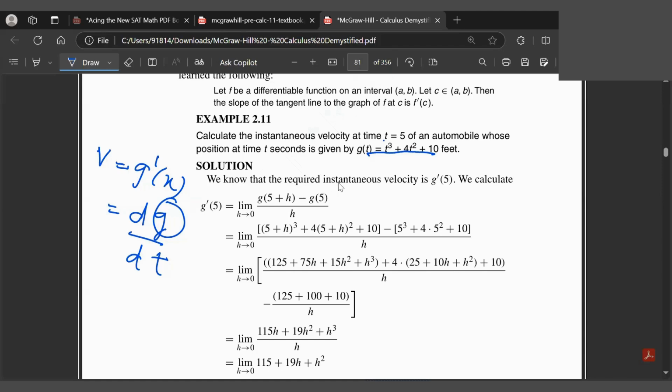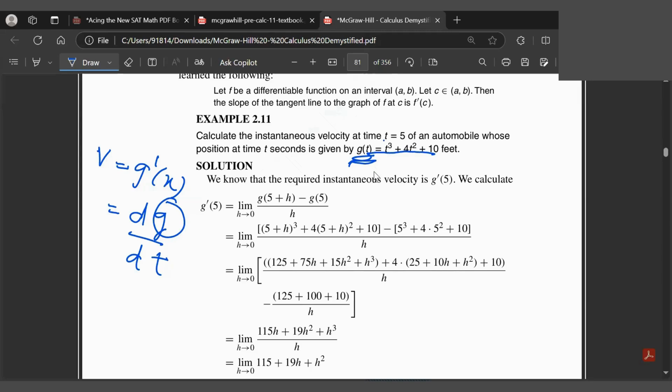So here you may have one confusion: ma'am, instantaneous velocity is what we have to find, but the function is given as position, not velocity. So what we have to do is differentiate the position, then we can find the value of velocity, right?